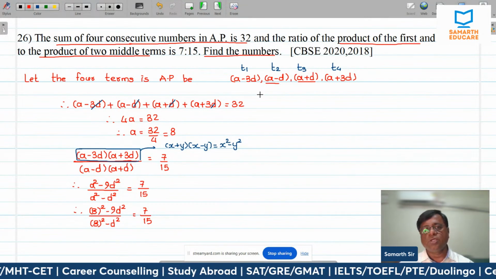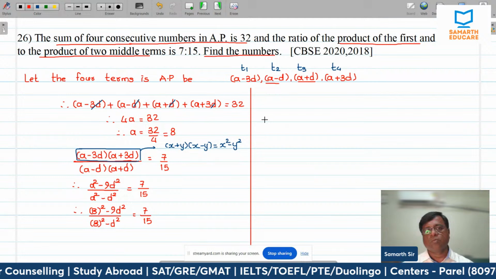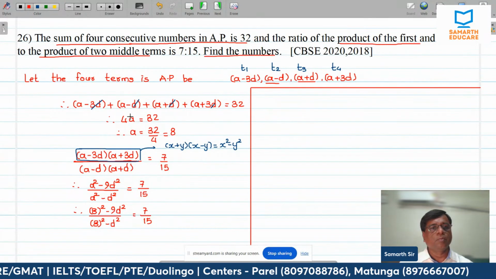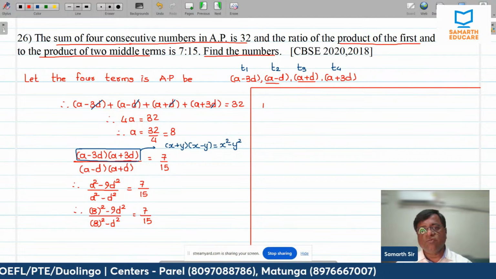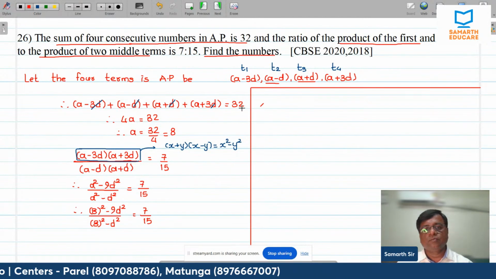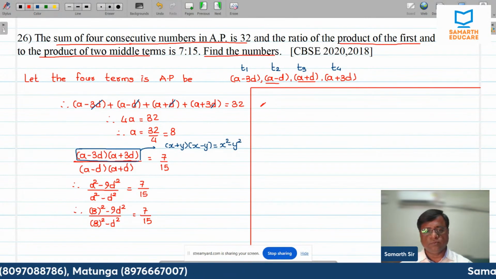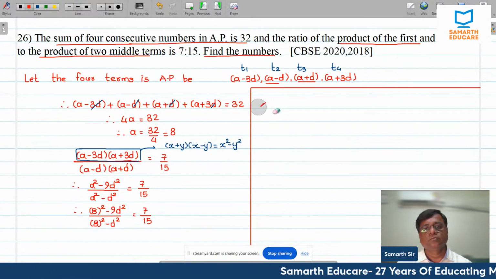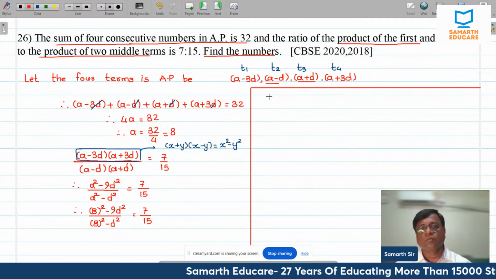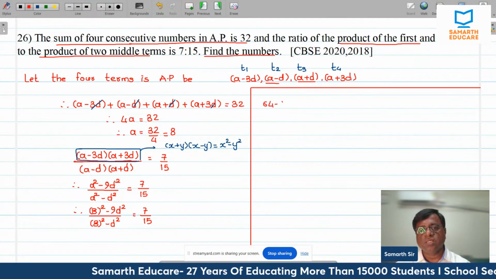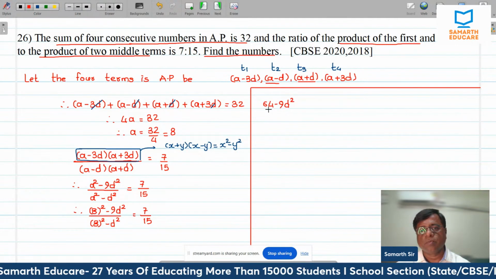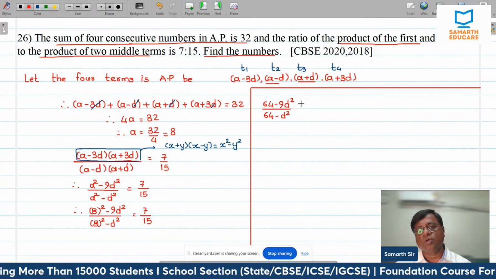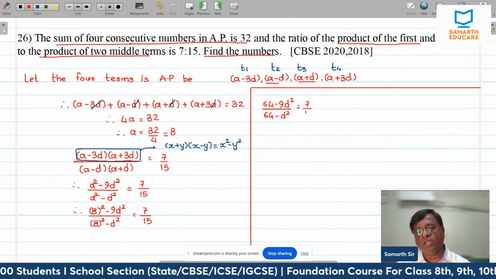Okay, let me solve it over here now. Okay, now 64 minus 9d square upon 64 minus d square is equal to 7 upon 15.